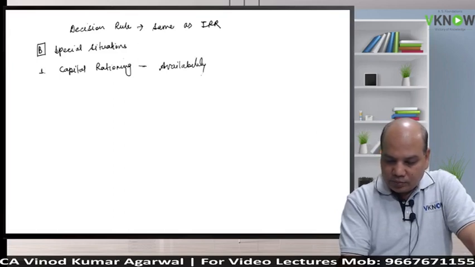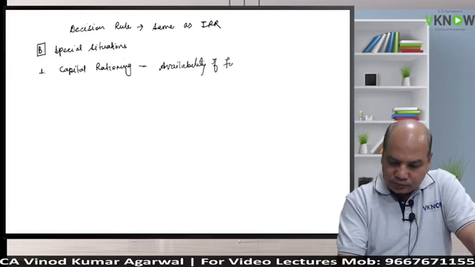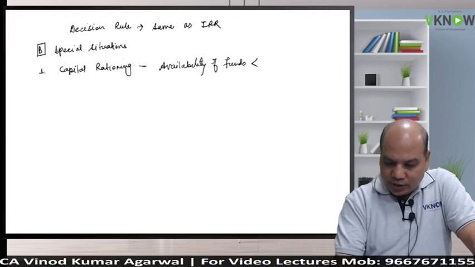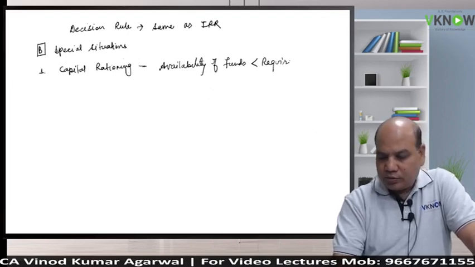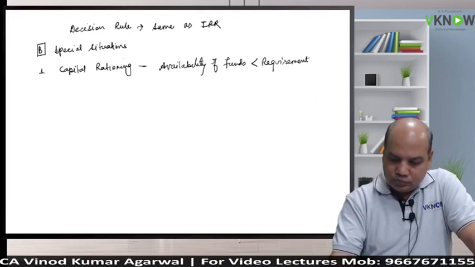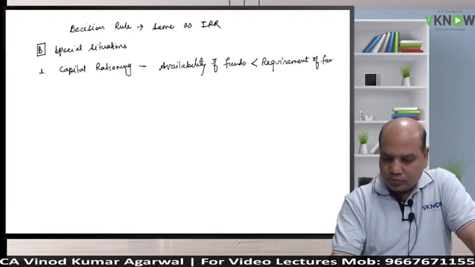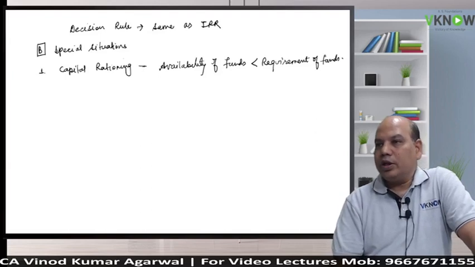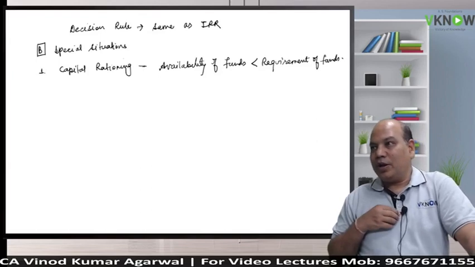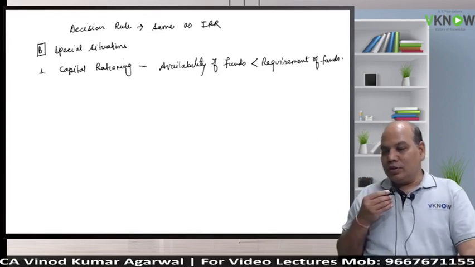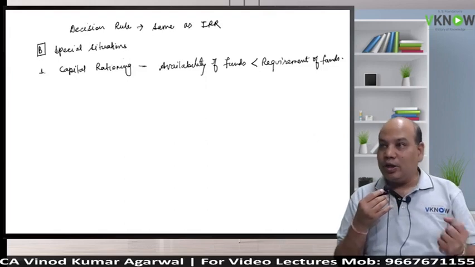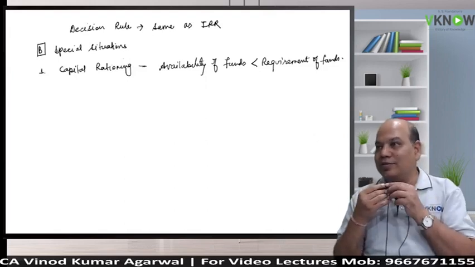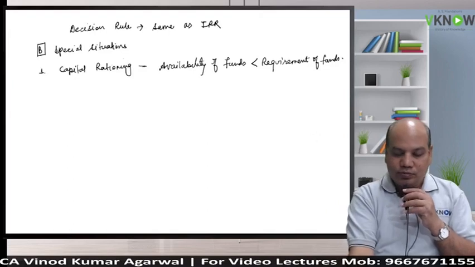Availability of funds is less than requirement of funds. Everybody is going through capital rationing in his life, yes or no? Even Mukesh Ambani has got capital rationing. Availability of funds is less than requirement of funds.